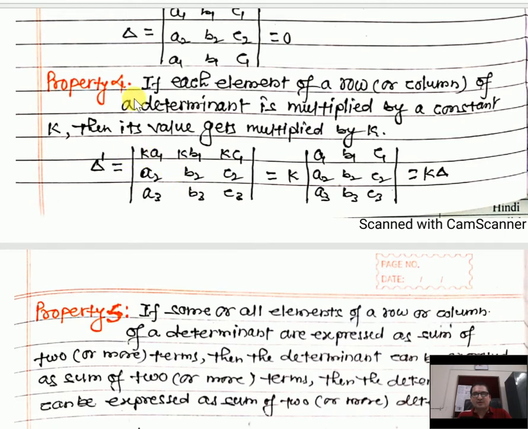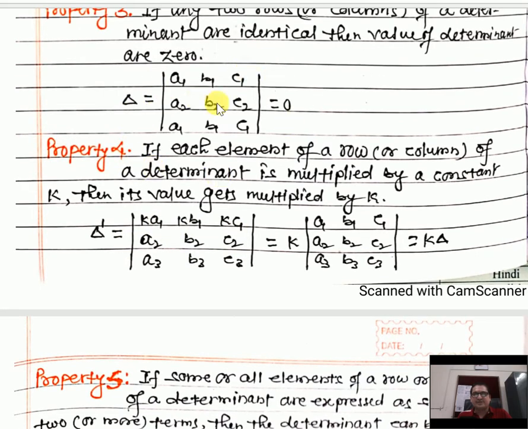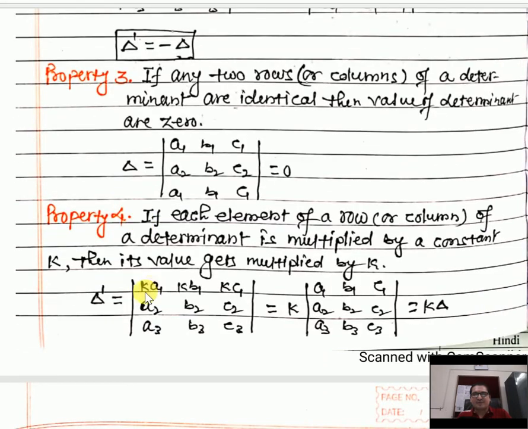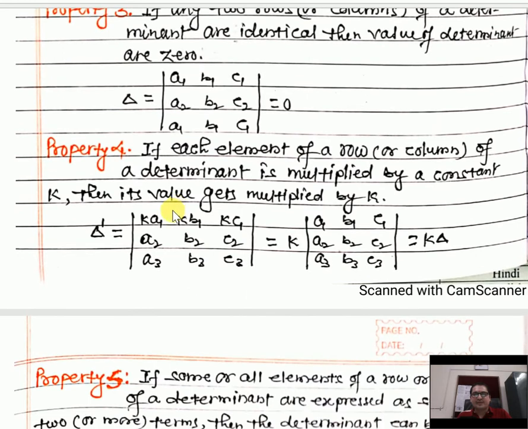See, look at here. Suppose I am taking this determinant a1, b1, c1, a2, b2, c2, a3, b3, c3. I have multiplied r1 with k, and we got k a1, k b1, k c1. So you can take k common from r1.